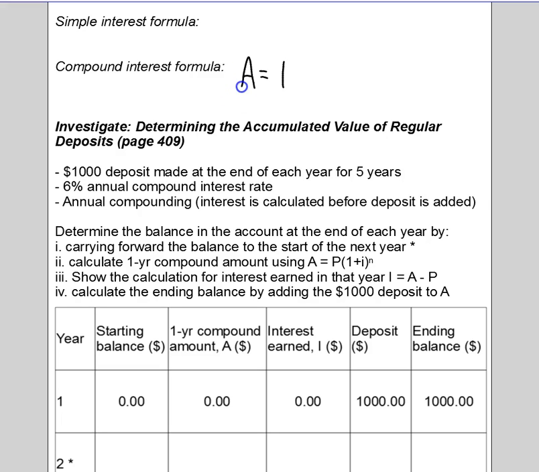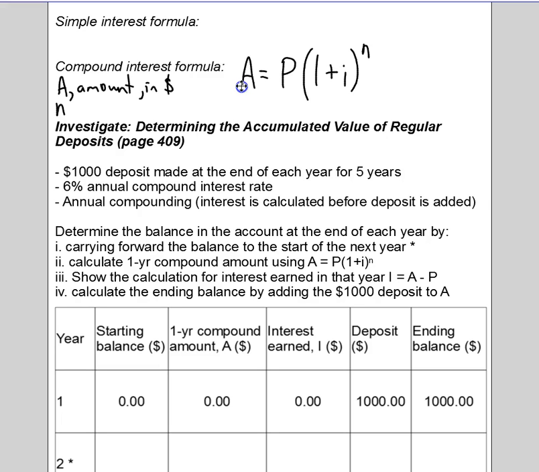Now remember, when interest is compounded, we have a compound interest formula. The amount of the investment equals the principal amount multiplied by your interest rate plus 1 to the exponent n, where n is the number of compounding periods, A is the amount of the investment, and P is the principal. A is sort of what's called a future value.